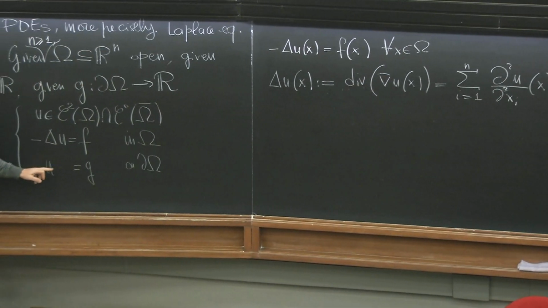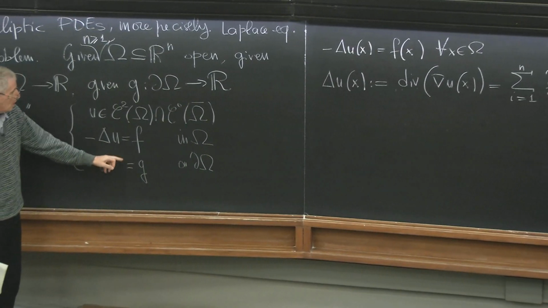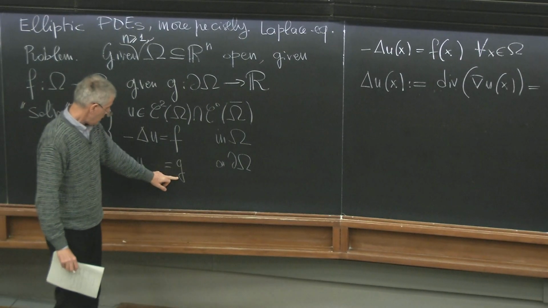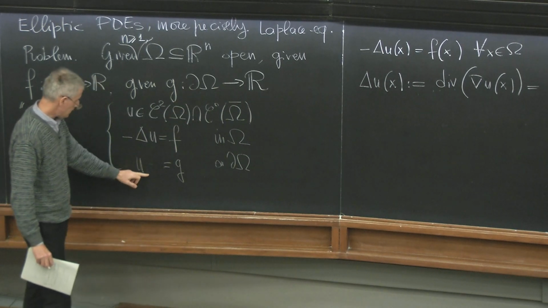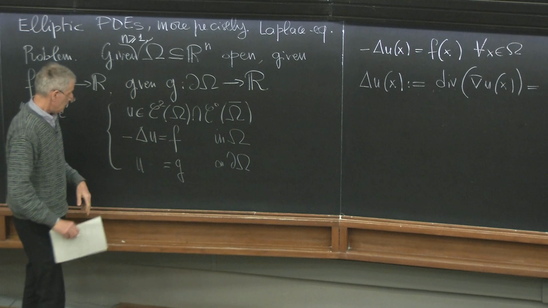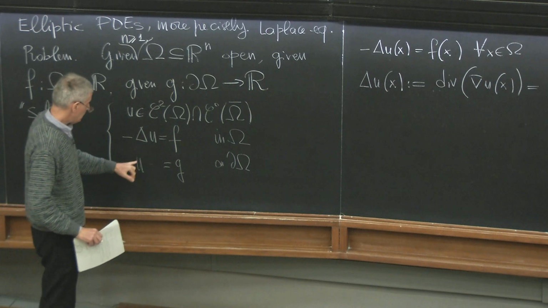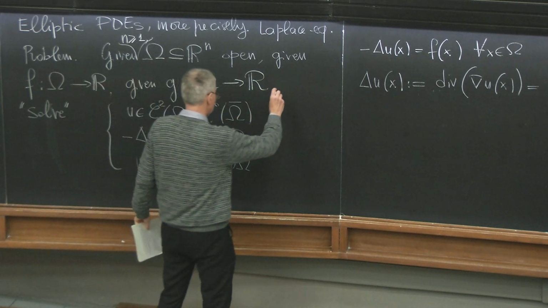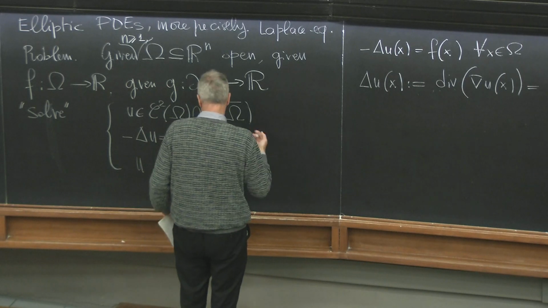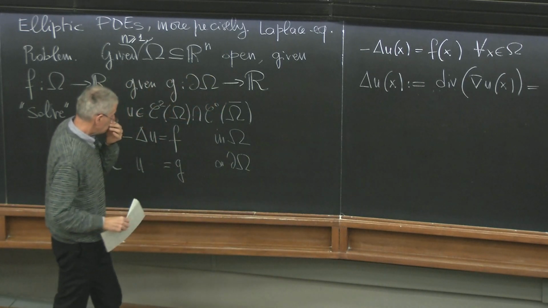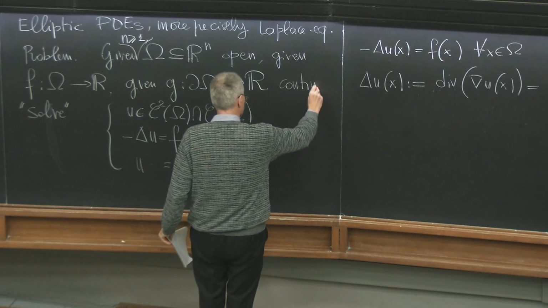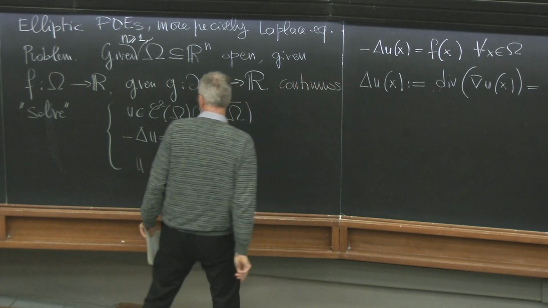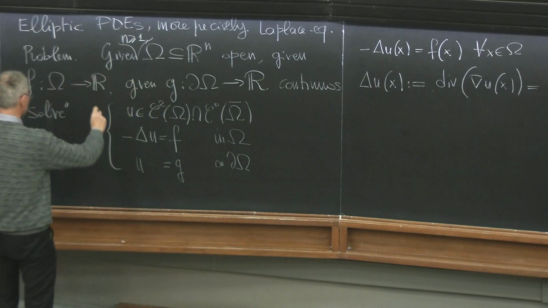Finally, this is the so-called boundary condition. So g is given on the boundary, and say g continuous, and given f continuous, if you want.